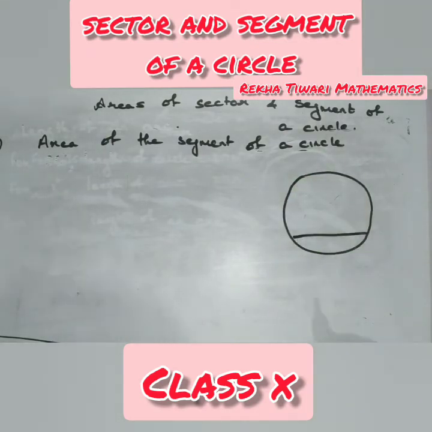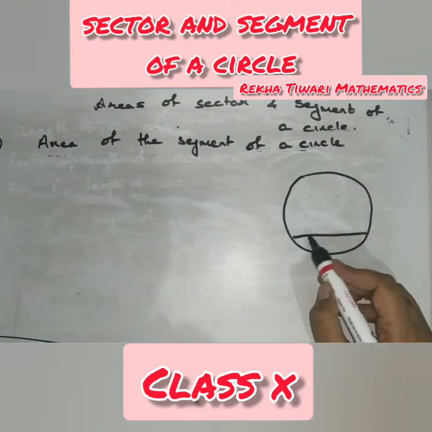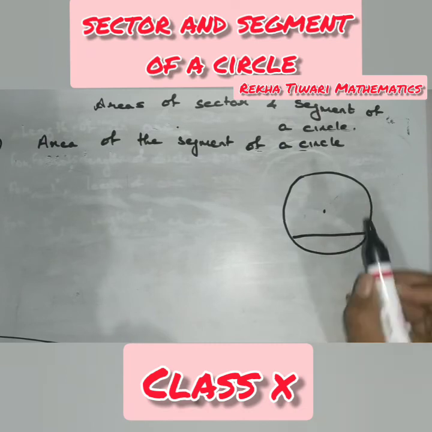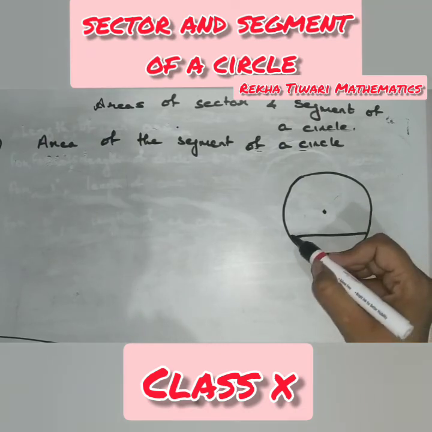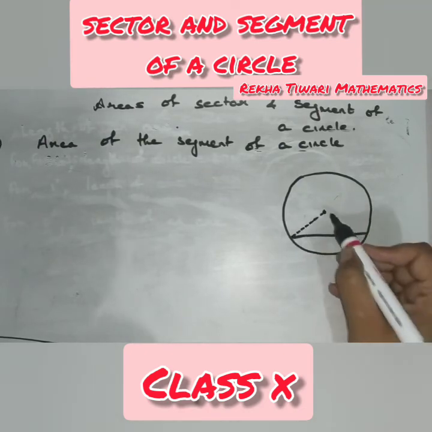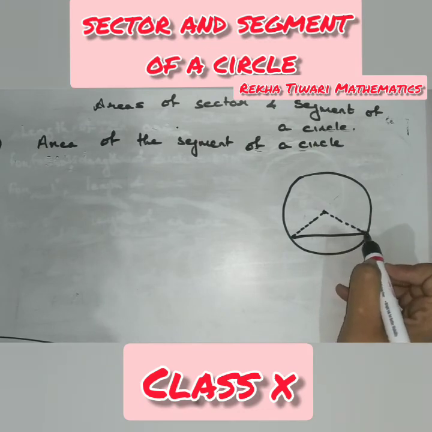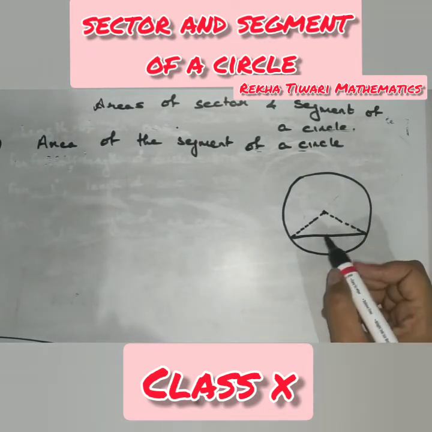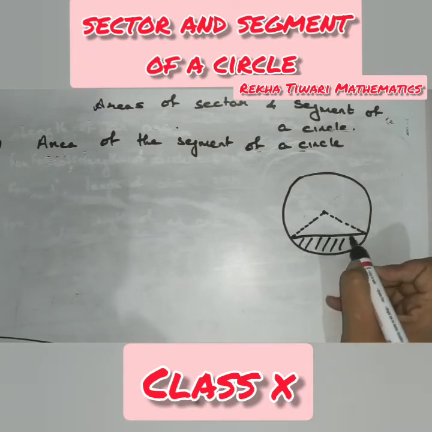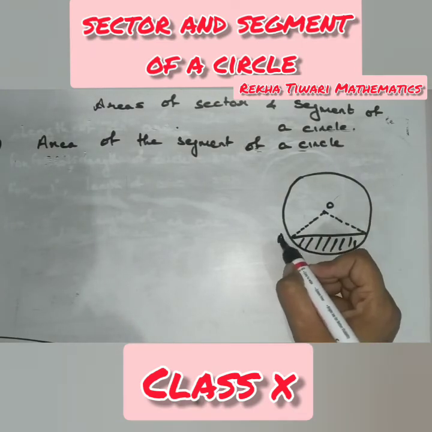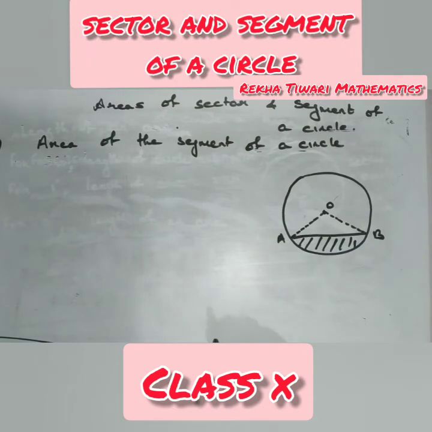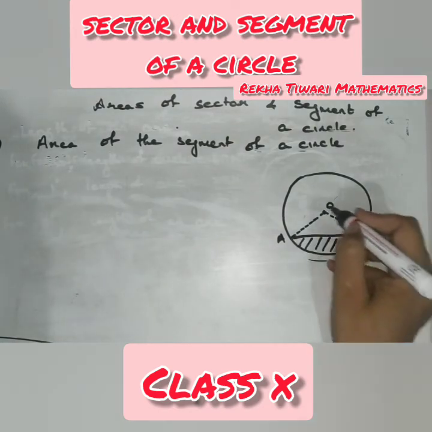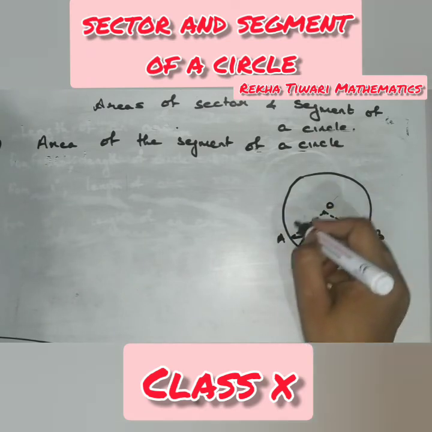This is the segment. Now I am interested to find out the area of this region. For this, what do we have to do? We have to draw two radii with the endpoints of the chord. I want this thing only. Let me name this as OAB. Okay. This OAB becomes the sector.